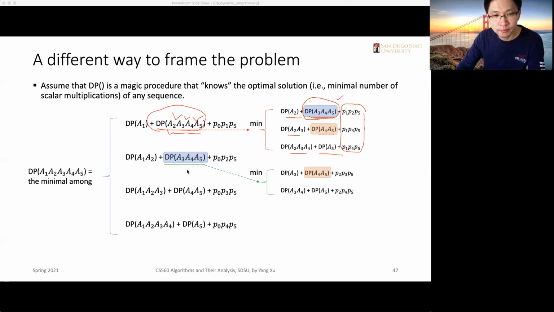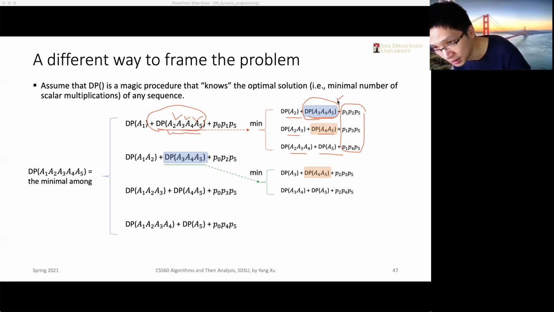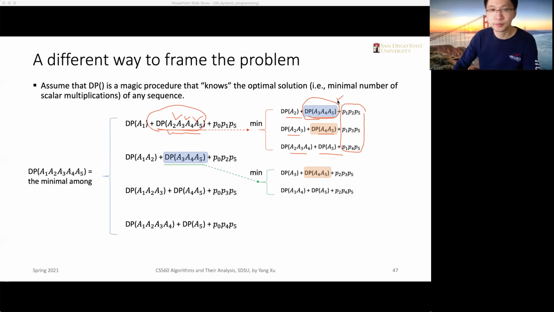So ideally, in a dynamic programming algorithm, after we solve a problem, we should immediately save the answer, so that in a later stage, when we come across the same problem again, we can use the lookup table to refer to the existing solutions instead of solving the same problems again. A4 to A5 is also another example of the same problem.